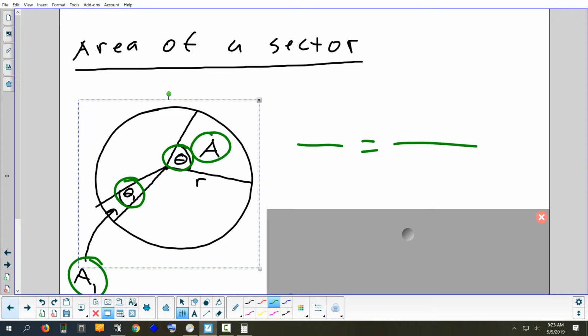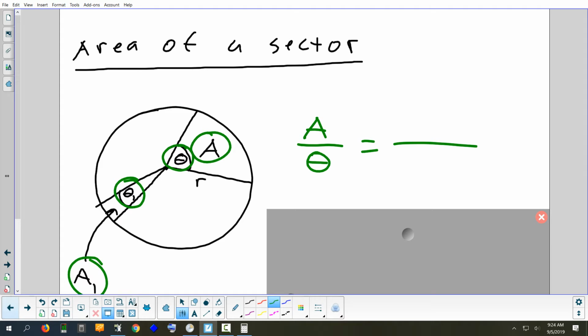Your area over your theta. All right, so let's do area over theta. Anthony had a few choices for that. Now that he picked that, we've got to set up the right-hand side the same way as the left. So what's going to go on the top? Area 1. And on the bottom? Theta 1.